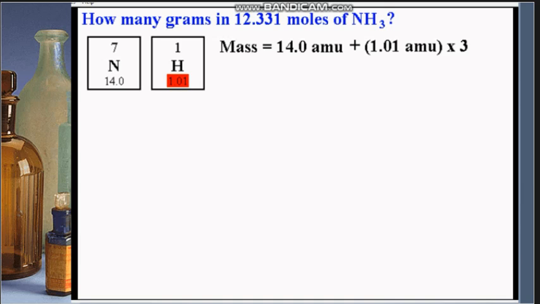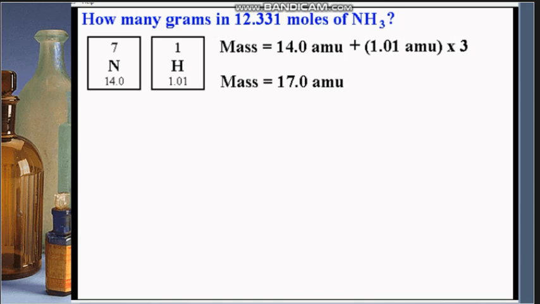When I work out the math, I get a mass of 17.0 AMUs. Calculator actually says 17.03, but I have to ignore the hundredths place because I'm dealing with addition, and in addition we have to look at precision. 14.0 only goes out to the tenths place, so my answer can only go out to the tenths place. So the mass of ammonia is 17.0 AMUs.